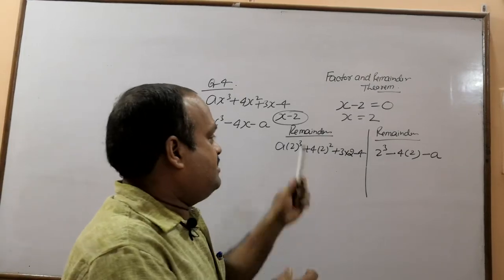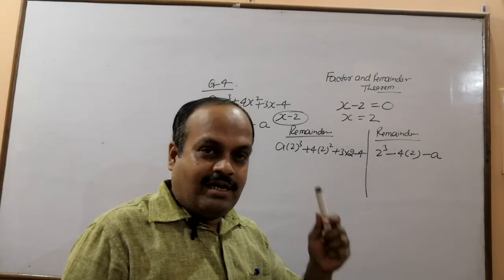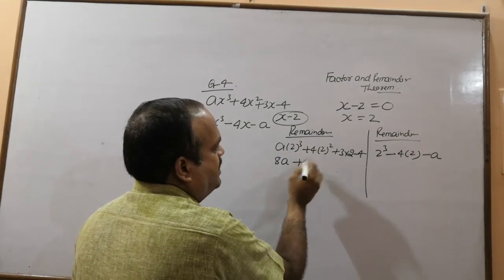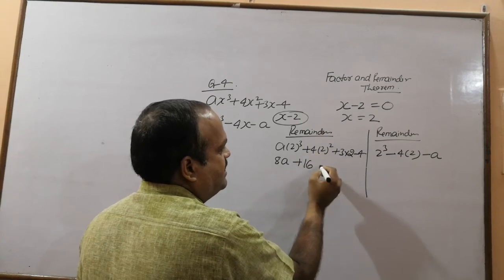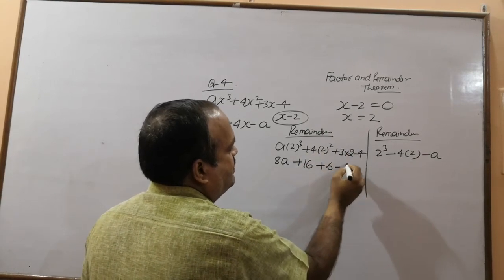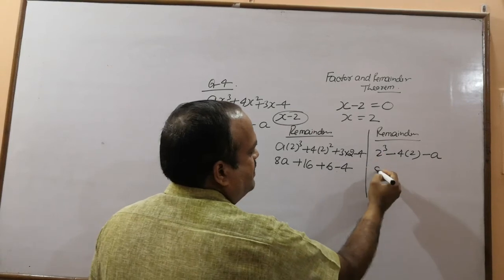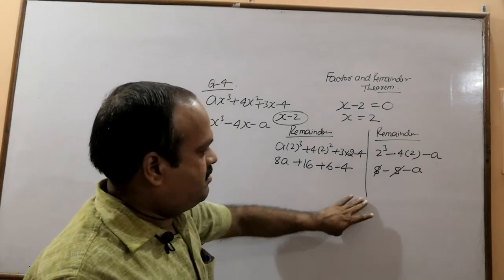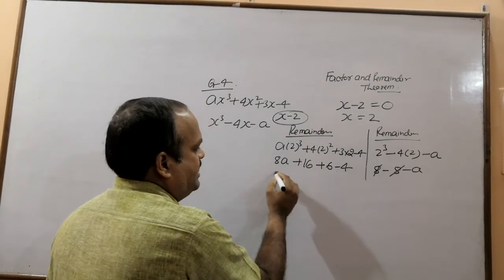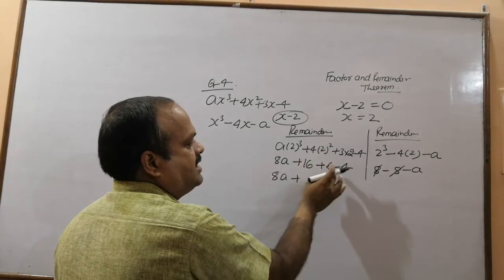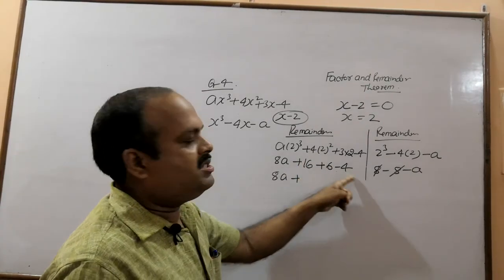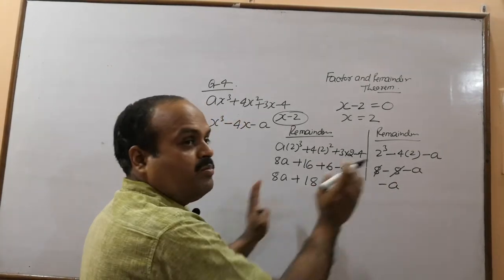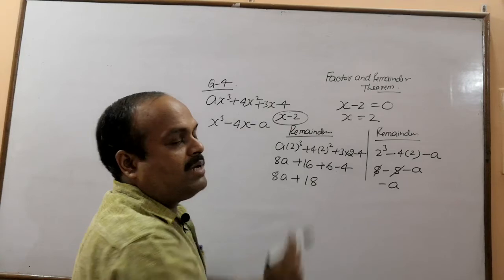Remember, these two remainders are equal. So we get here 8a plus 4 2s are 8, 4 4s are 16, plus 6 minus 4. This becomes 8 minus 8 minus a. So 8a plus 16 plus 6 is 22, 22 minus 4 is 18, and here we get minus a. So make them equal because both the remainders are equal, as the question says.